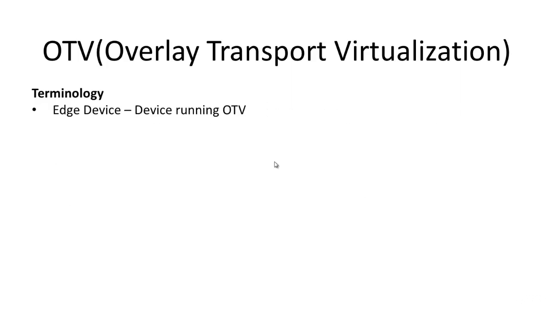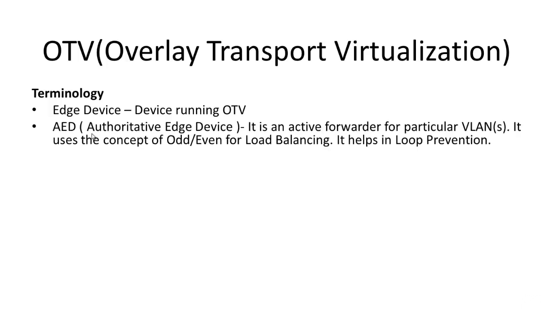Terminology: edge device. The device which is running the OTV feature set is known as an edge device. I told you Nexus devices and ASR 1000 series routers are capable of running OTV. AED is also an edge device, but the device which is an active forwarder of any VLAN is known as AED, that is Authoritative Edge Device.